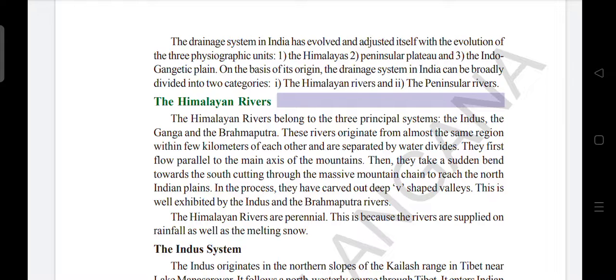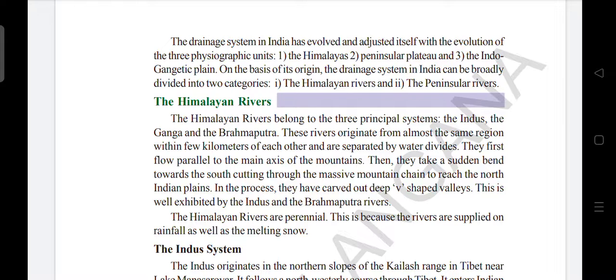Then they take a sudden bend towards the south, cutting through the massive mountain chain to reach the North Indian plains. In the process, they have carved out deep V shaped valleys. This is well exhibited by the Indus and the Brahmaputra rivers.